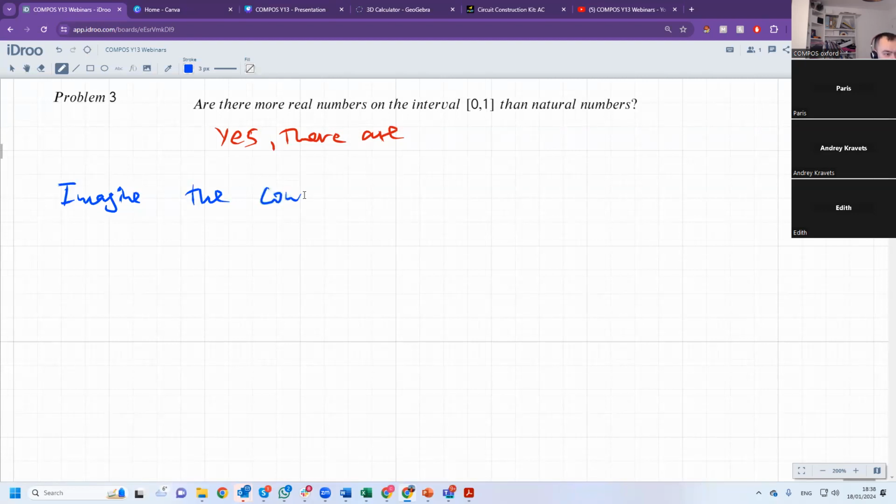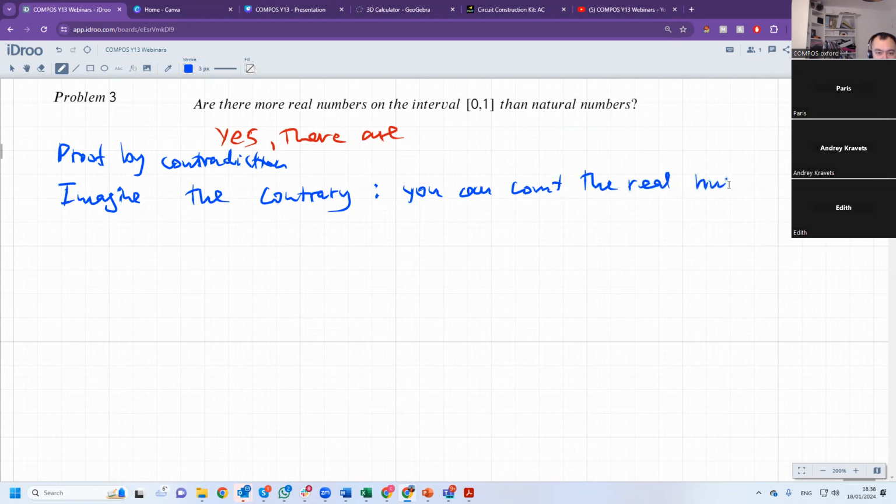Imagine you can count the real numbers first on the interval 0, 1. Imagine you can.